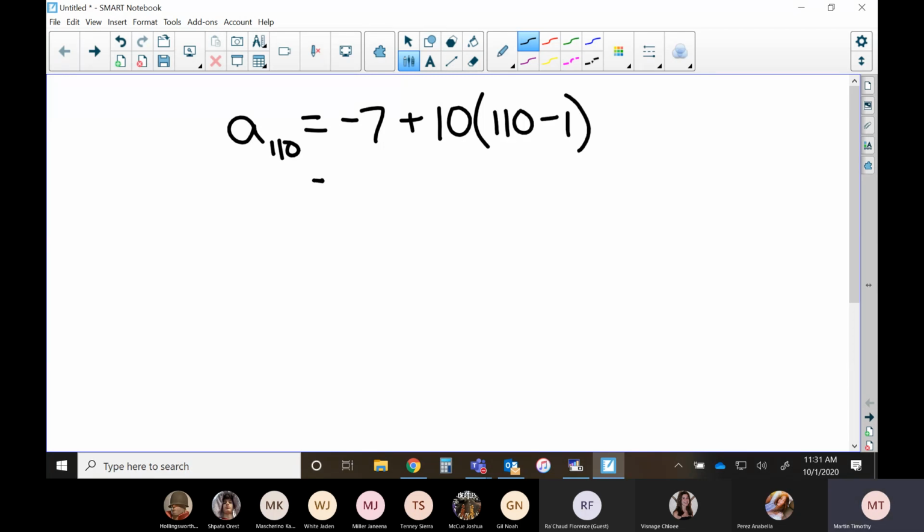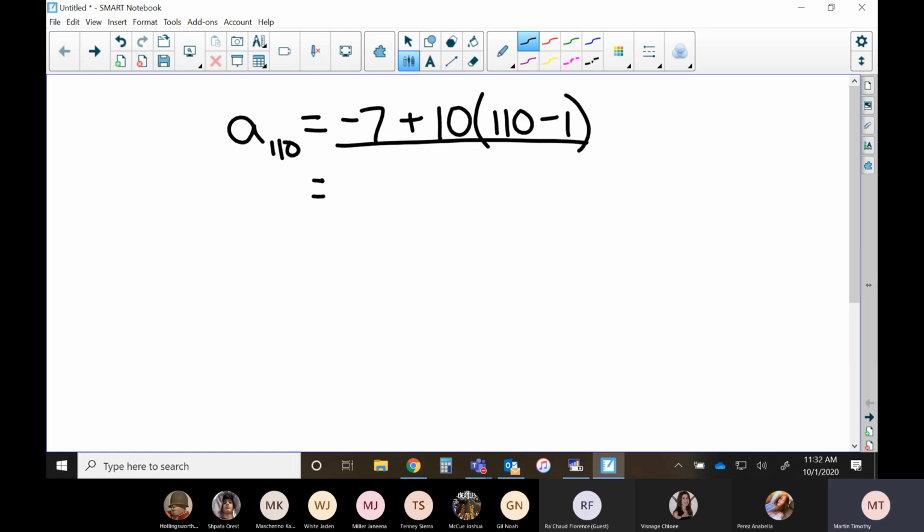Order of operations on this one. Why am I doing order of operations from top to bottom on this one? How come I'm not working backwards or having to do any of that? There's no variables there, guys.